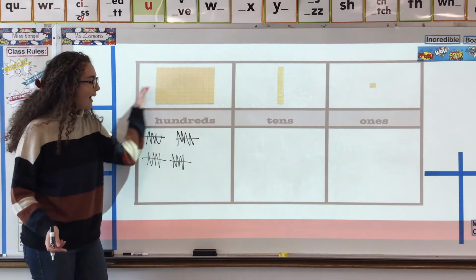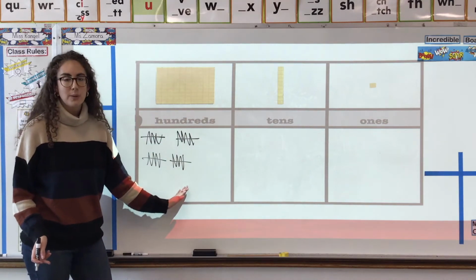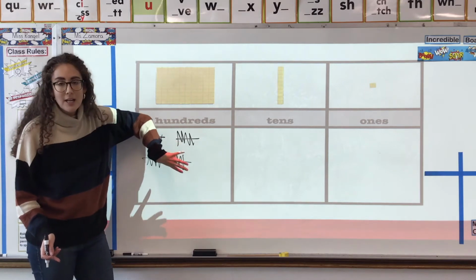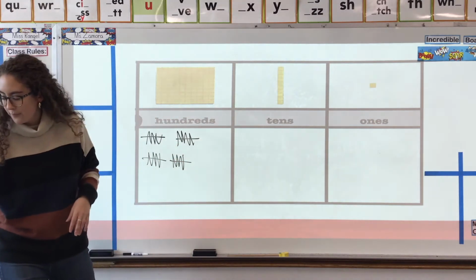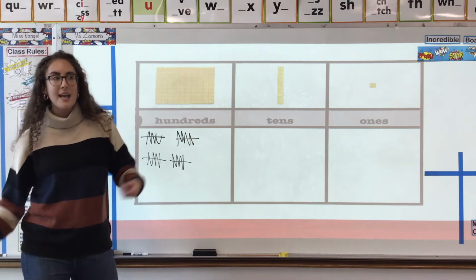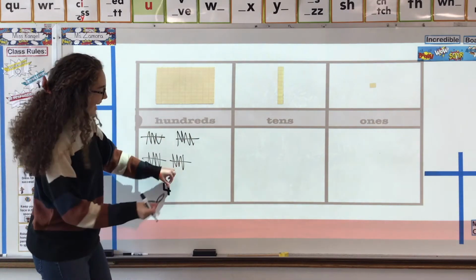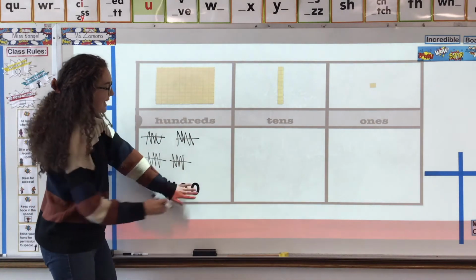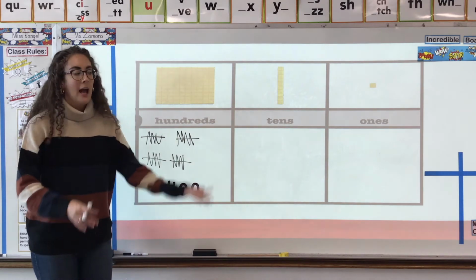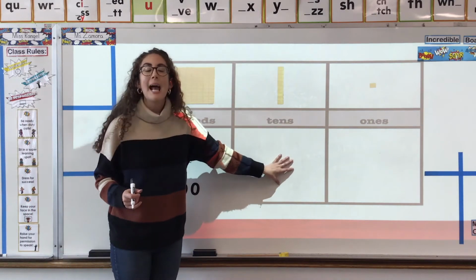So we just drew 4 hundreds. So what value do we have in this place? 4 hundreds equals what number? It's 400 exactly. Okay, let's move on to the tens place.